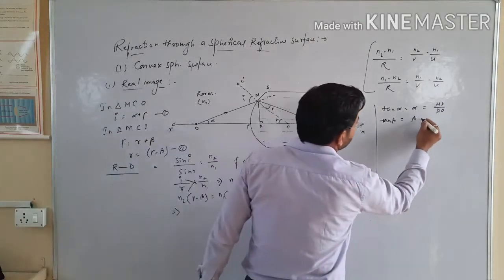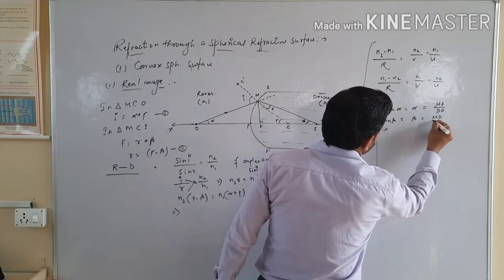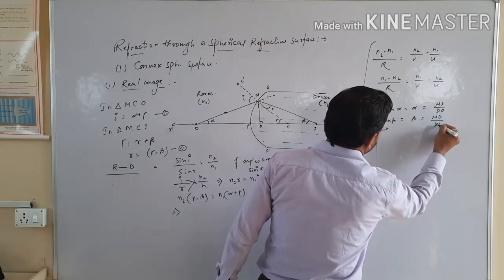Now similarly tan beta equals beta, for this triangle, and for this I will write here MD over DI.